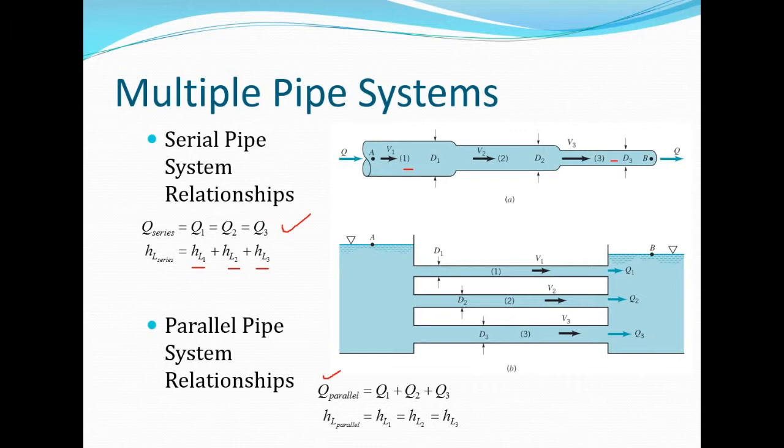So in other words, the flow is going to take the path of least resistance. The energy is going to distribute itself such that the head loss is the same in all of the pipes, because if it found a better way, it would take the better way. So it's equilibrating until it comes to a point where all the head losses are the same.